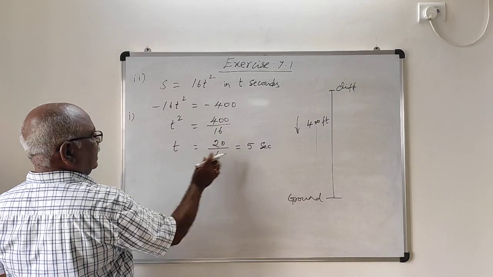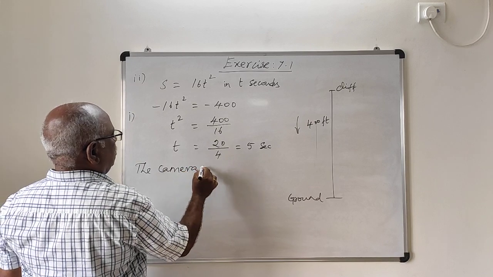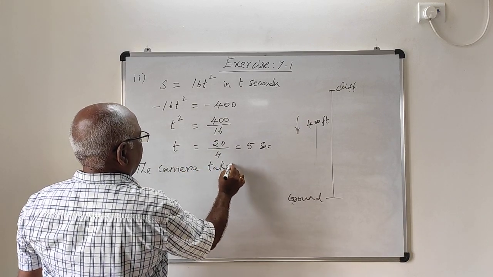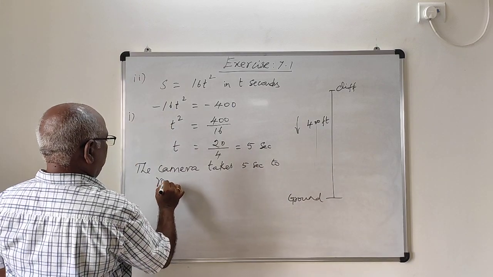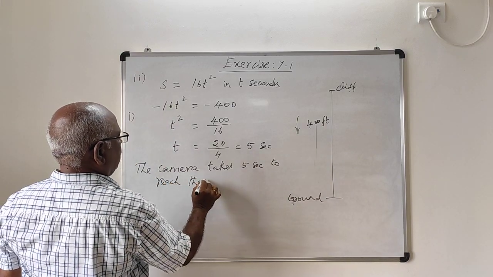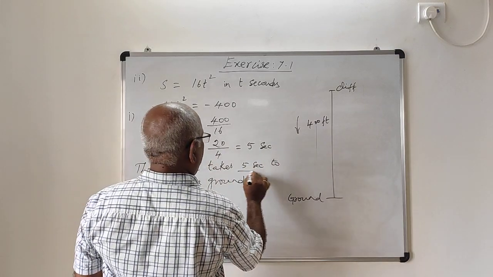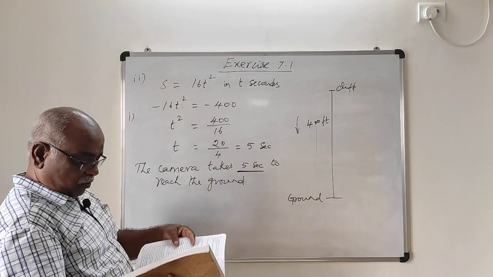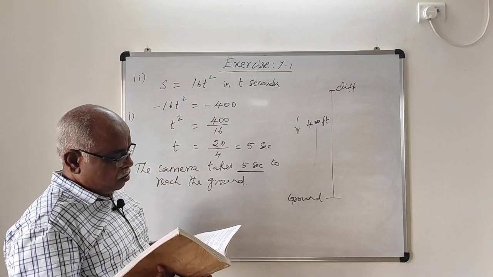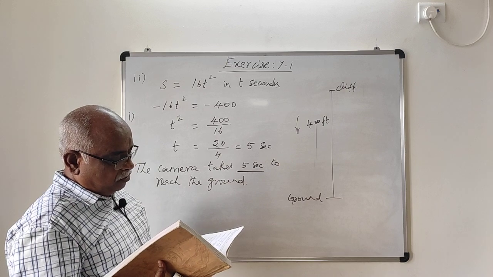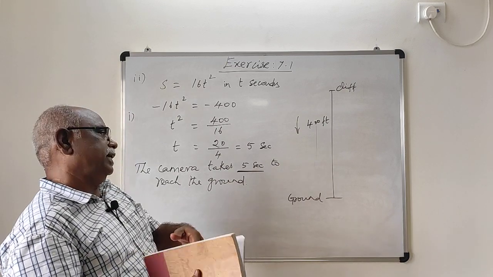The camera takes 5 seconds to reach the ground. This is the first problem. Next question: what is the average velocity with which the camera falls during the last 2 seconds?